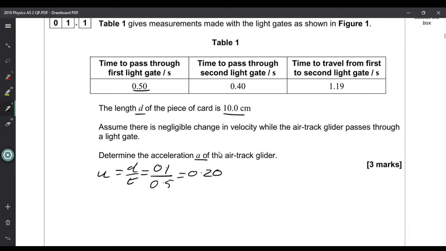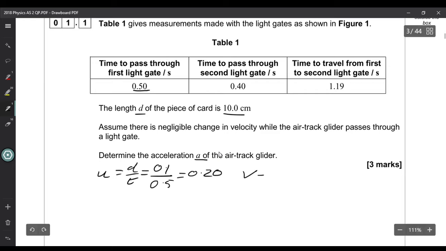So by calculating the time that it takes to pass through the first light gate, that's what its initial velocity is. We can work out the final velocity in the same way by calculating the velocity that it has when it passes through the second light gate.